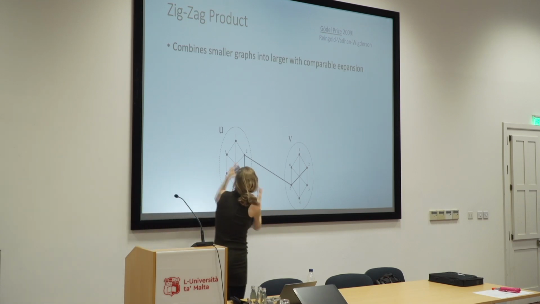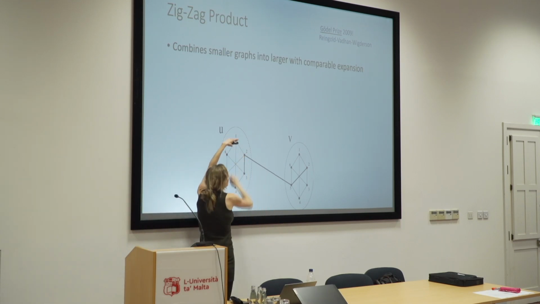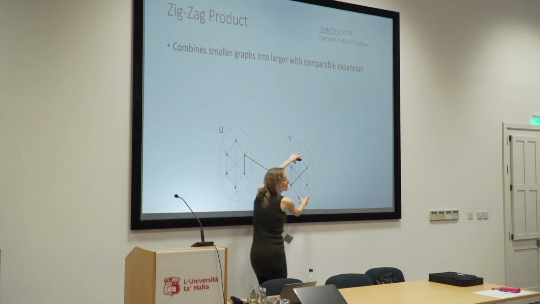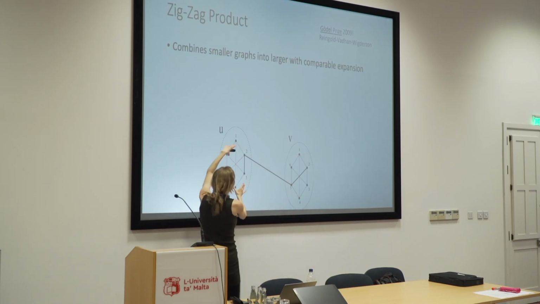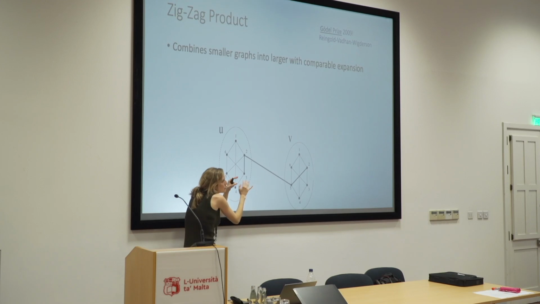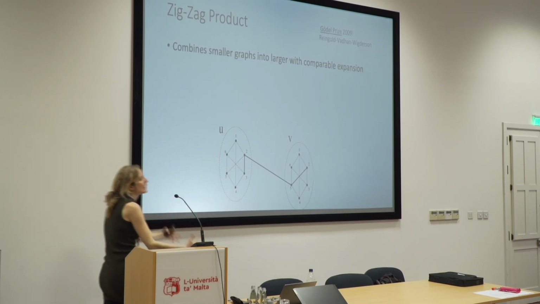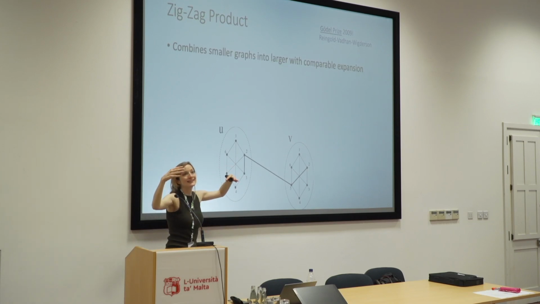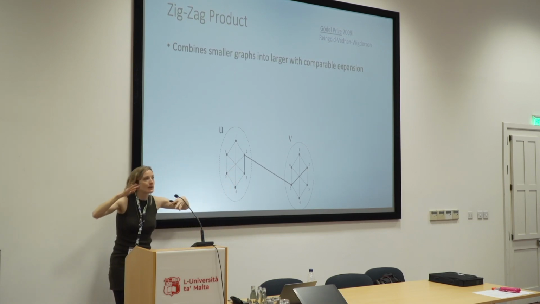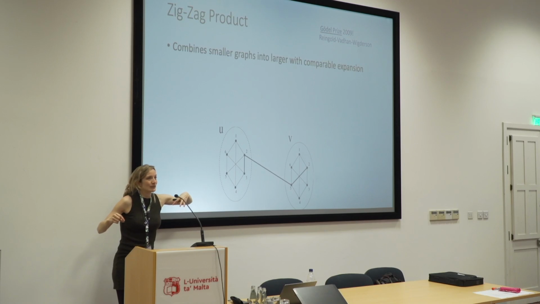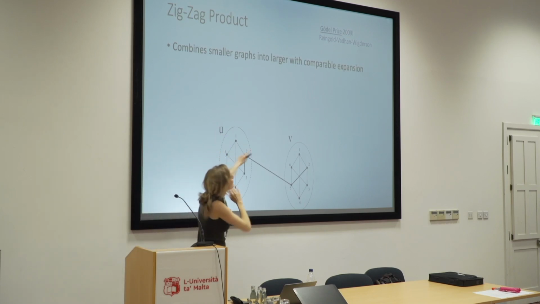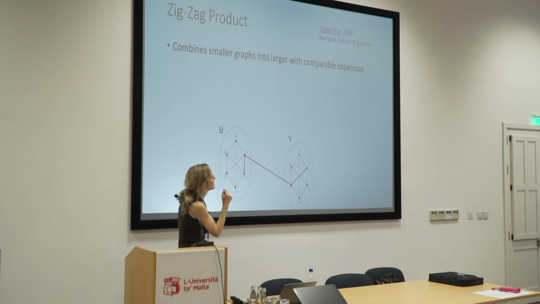Here, this is one graph, and this is another, identical copy of the same graph. So there's going to be an inner graph and an outer graph. Somehow this allows us to build up to a bigger graph that preserves the expansion up to some amount. Suppose that we do this, and they did, in fact. This was awarded a Gödel Prize in 2009.